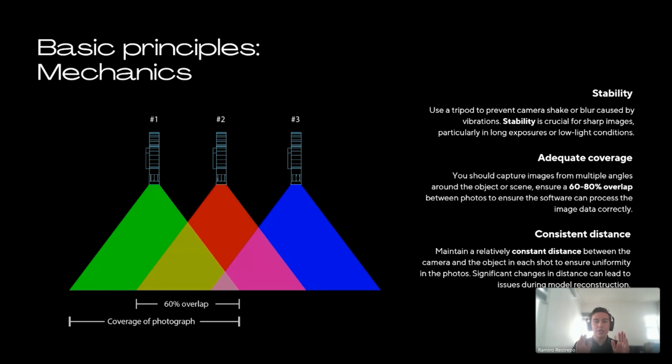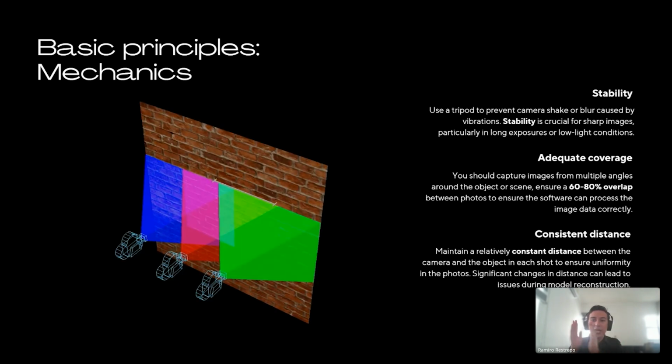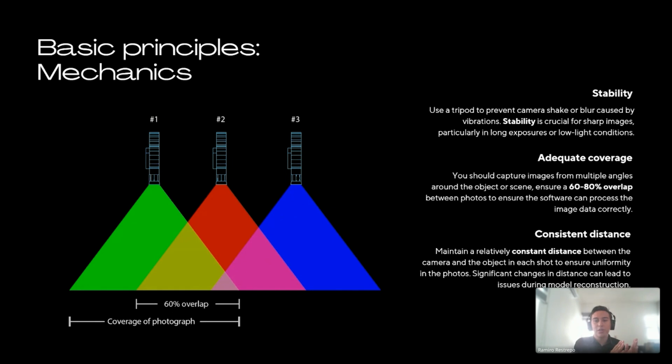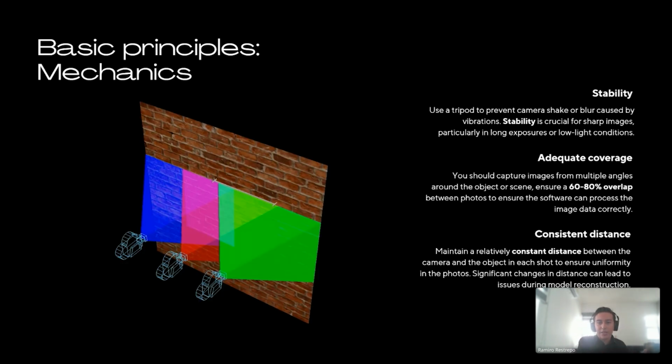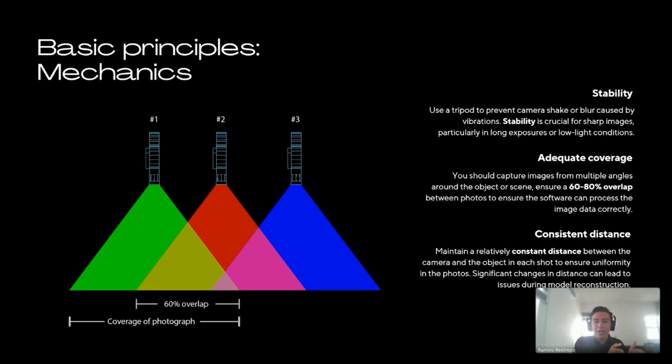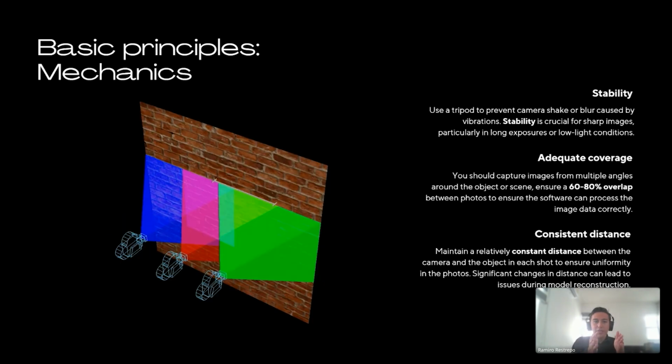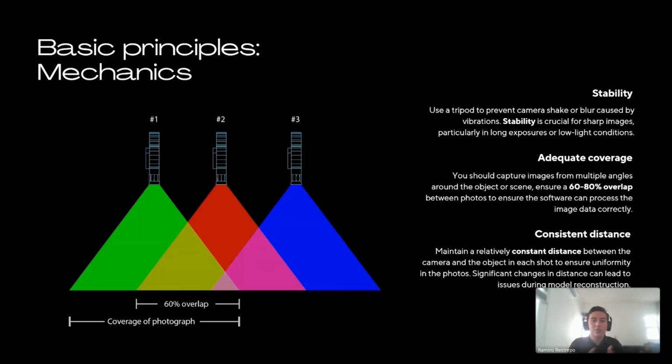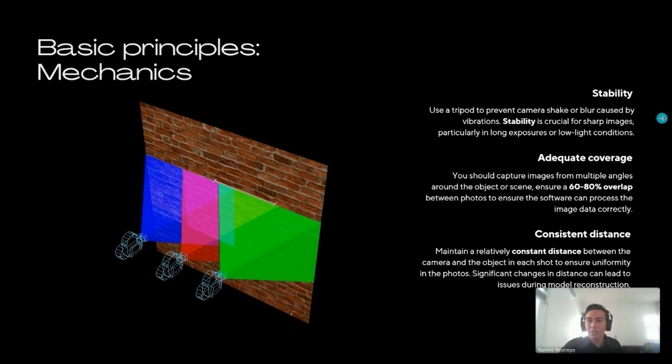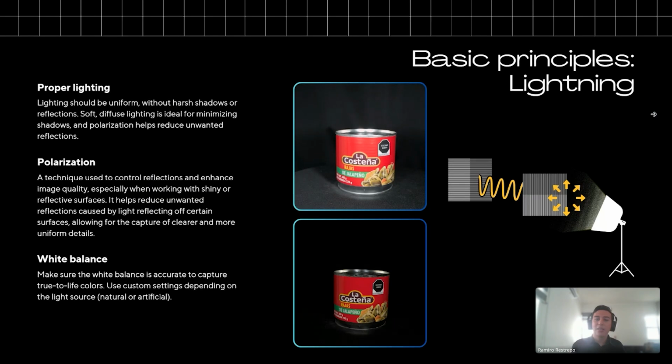You have to ensure 60 to 80% overlap between photos so the software can process the image data correctly. You have to keep a conscious distance between your photos to ensure all the information is there. Also, as we said, lighting should be uniform and avoid shadows.